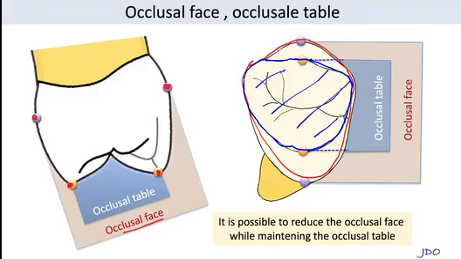And in fact, the first thing we have to reduce is occlusal faces, but not occlusal table. So you don't really decrease the capacity of stabilizing function, and you do not decrease the capacity of mastication if you don't reduce the occlusal table. Reduce occlusal face, yes. Reduce occlusal table, no. Maintain the occlusal table. That is an interesting way to optimize functions.